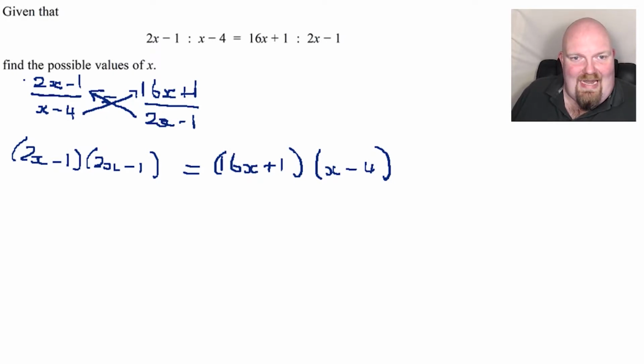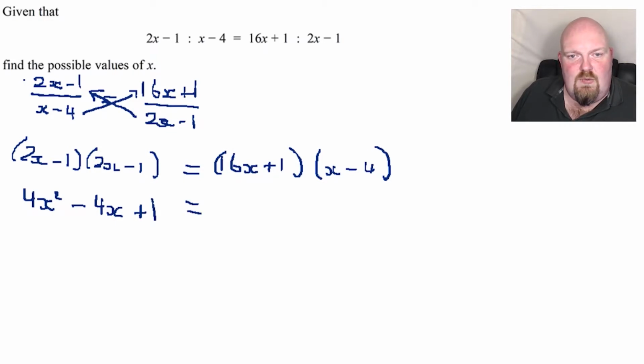So let's start on the left-hand side. So I have 2x times 2x is 4x squared. I've got negative 2x and another negative 2x. So that's going to be negative 4x. And I've got negative 1 times negative 1, which is plus 1.